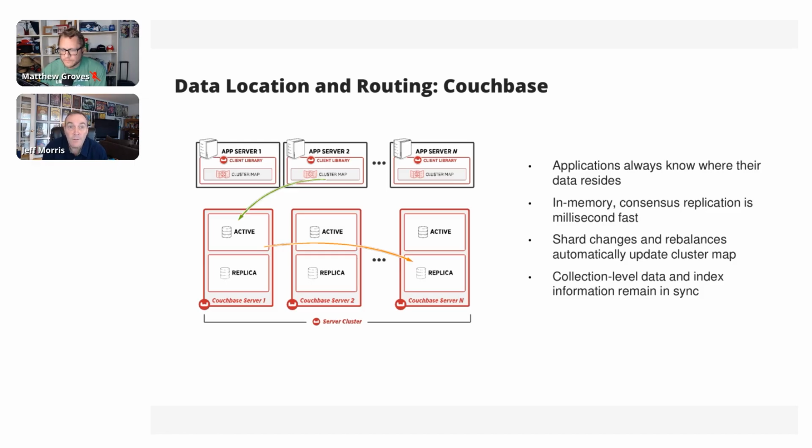Anyway, so this also shows where the active data originates. Then it gets written out to its replicas. Every node participates both in holding active data as well as holding replica data.